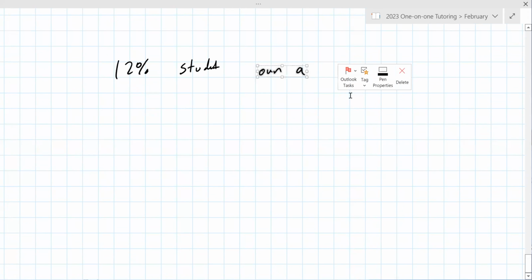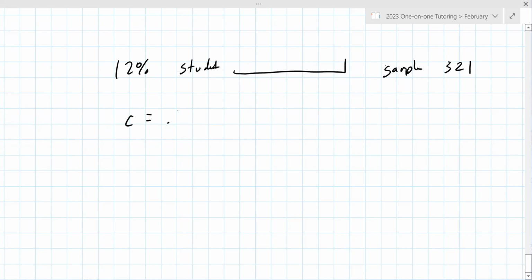I'm trying to think of something meaningful, but 12% of students do something. You can fill it in later. You sample 321 of them. Okay. And you want a confidence interval of 0.85.